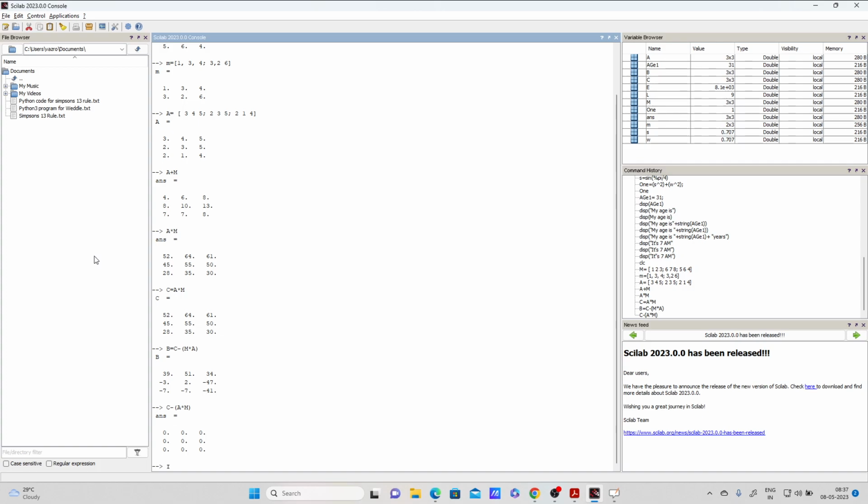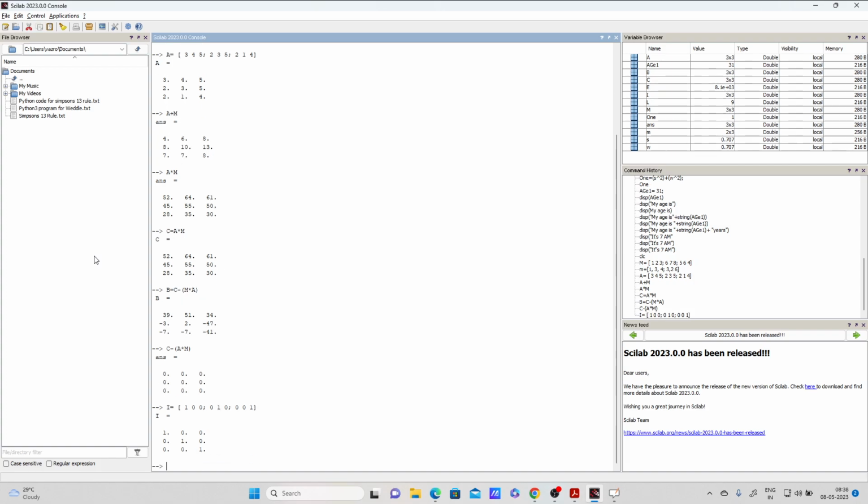Yeah, so let me define the identity matrix. The identity matrix is defined as 1 0 0, 0 1 0, 0 0 1. Okay, so this is your identity matrix.